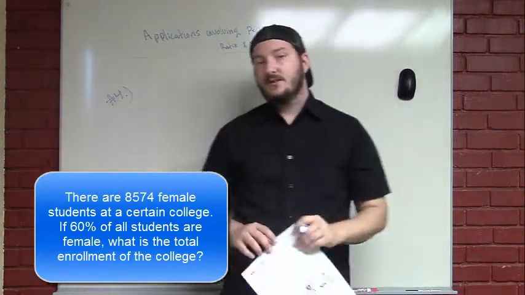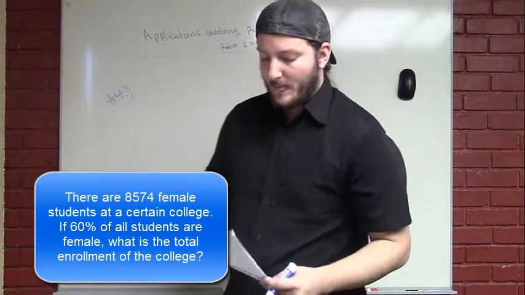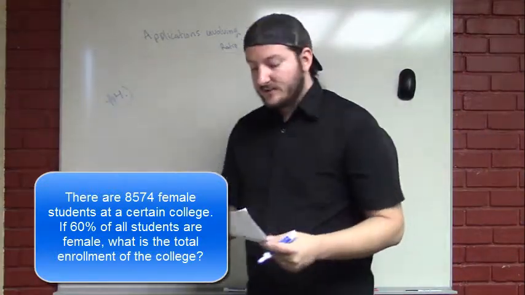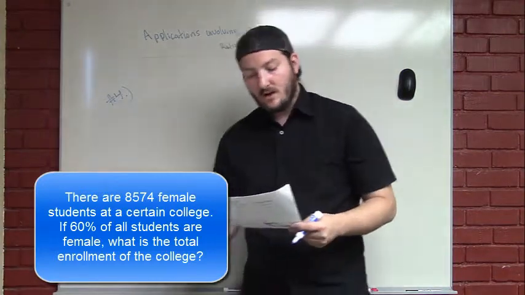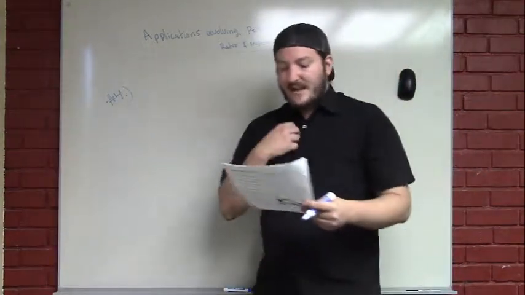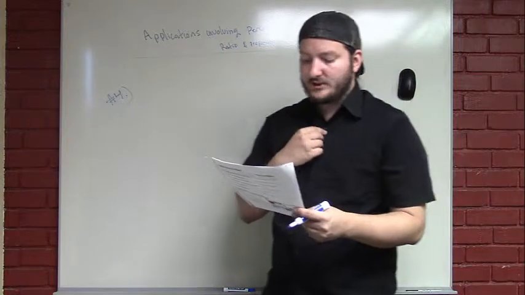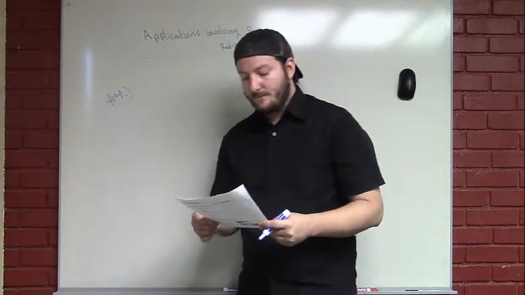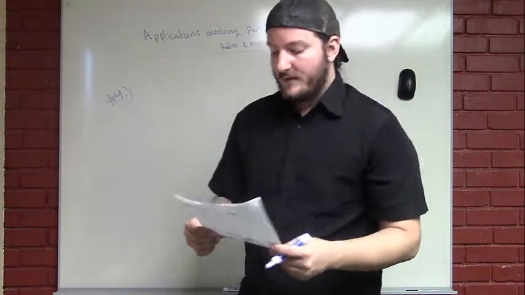Okay, so this one is going to make us think a little bit more. There's a total of 8,574 female students at a college. If 60% of the students are female, what's the total enrollment of that college?